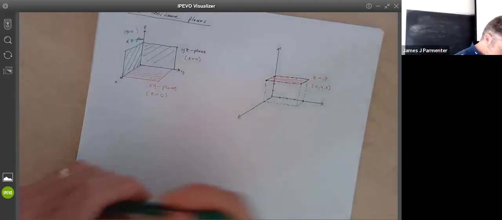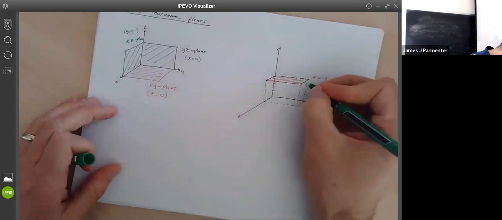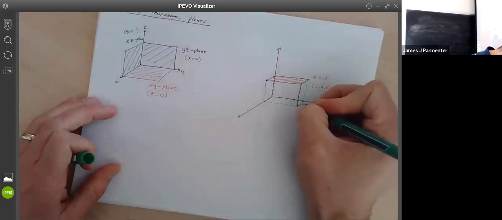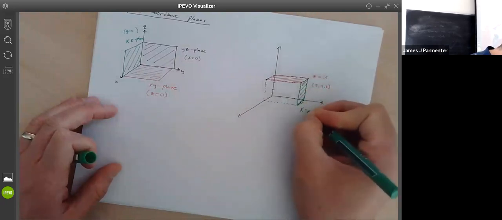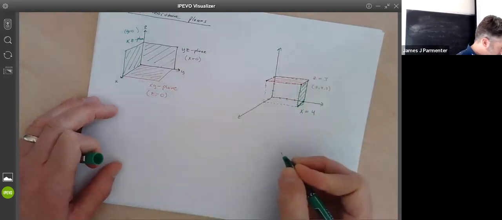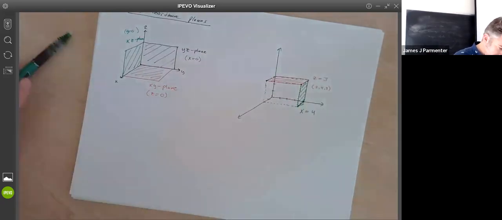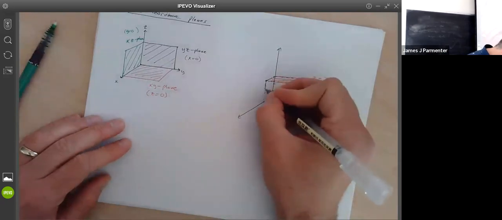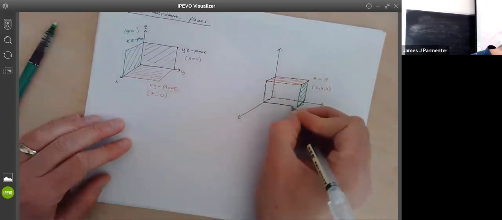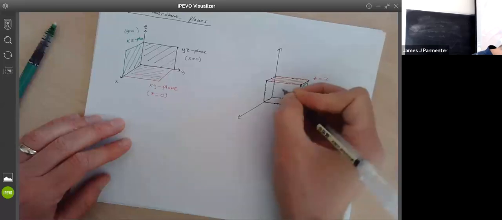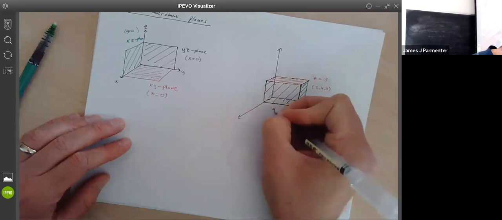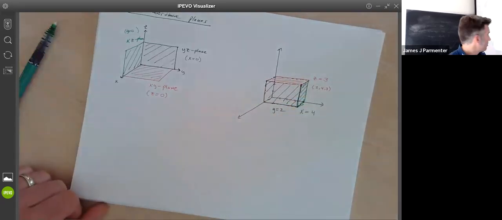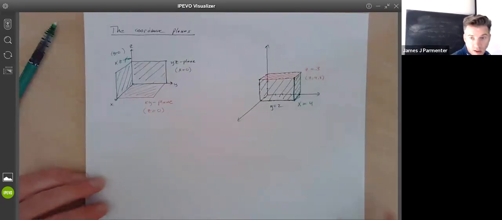In a similar way, this plane over here on the right, let's draw it correctly, would be the plane x equal to 4. And this plane out in front would be the plane y equal to 2. Sorry, I got a little off there.